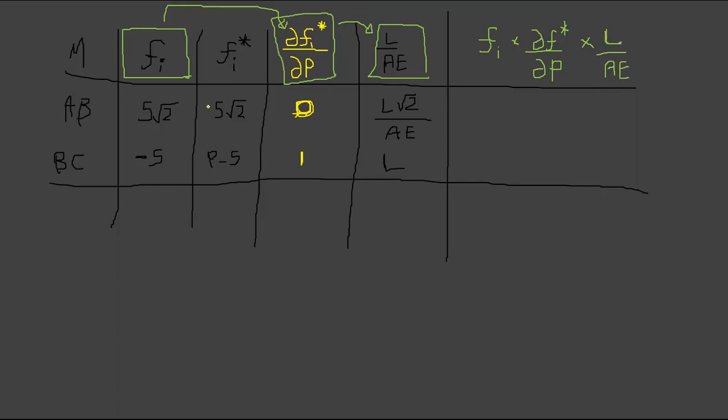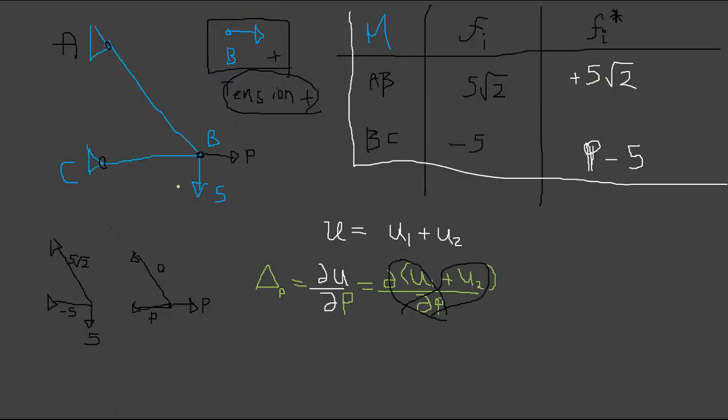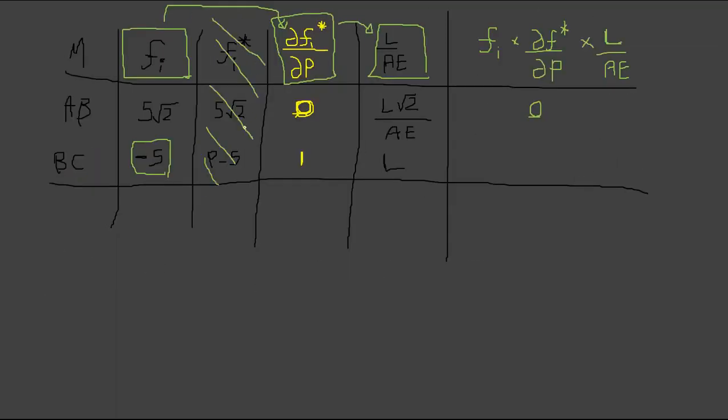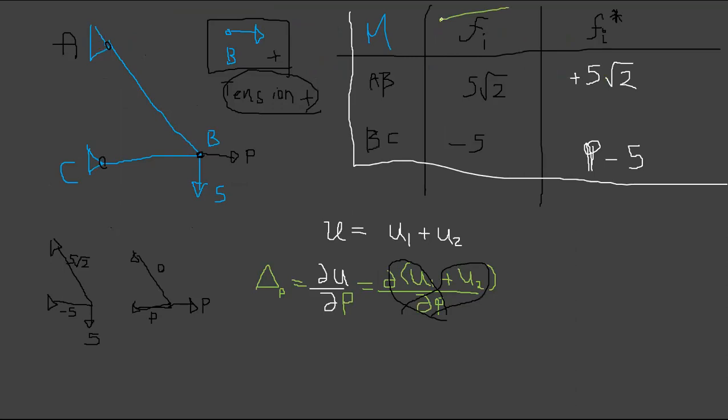So anyway, you have 0 here, so the total term would be 0. You have to take the structure with P, take the member forces and take the derivatives. Those derivatives are going to be multiplied by the original member force, right? That's why you need the original member force at last.